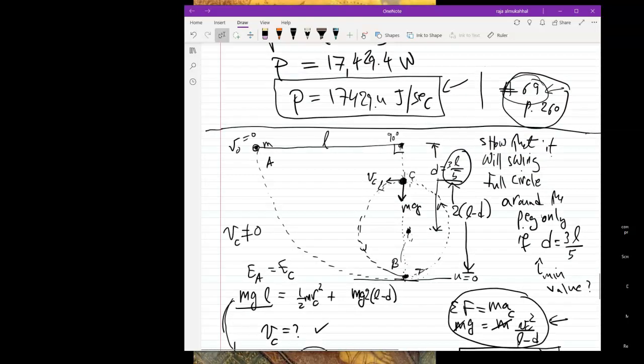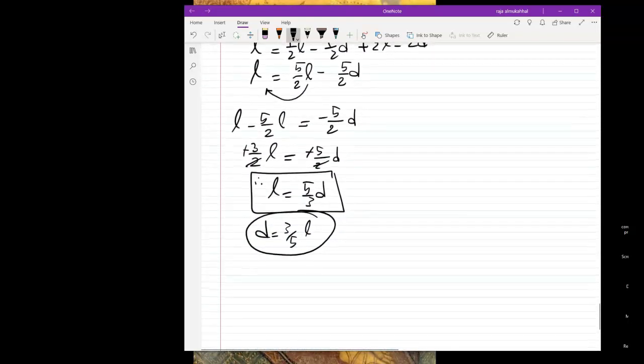He said, show that it will swing a full circle around the peg only if D is equal to 3L over 5 as a minimum value. And there we go, we got it.